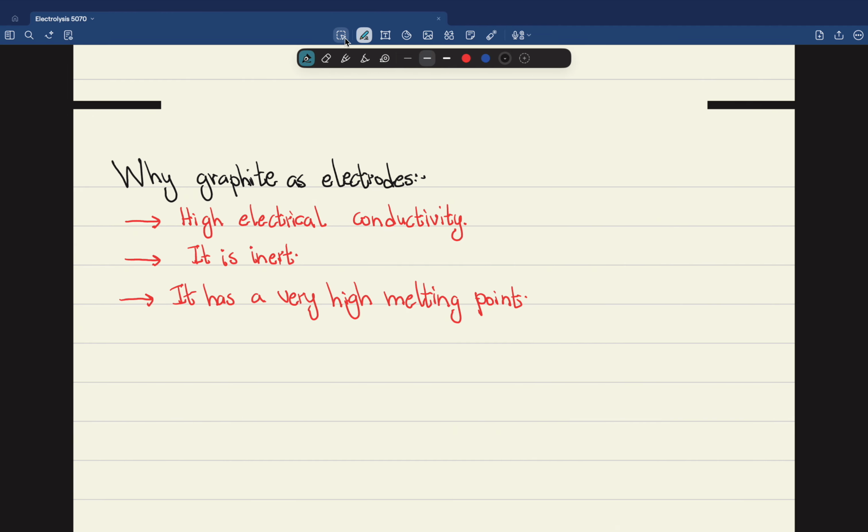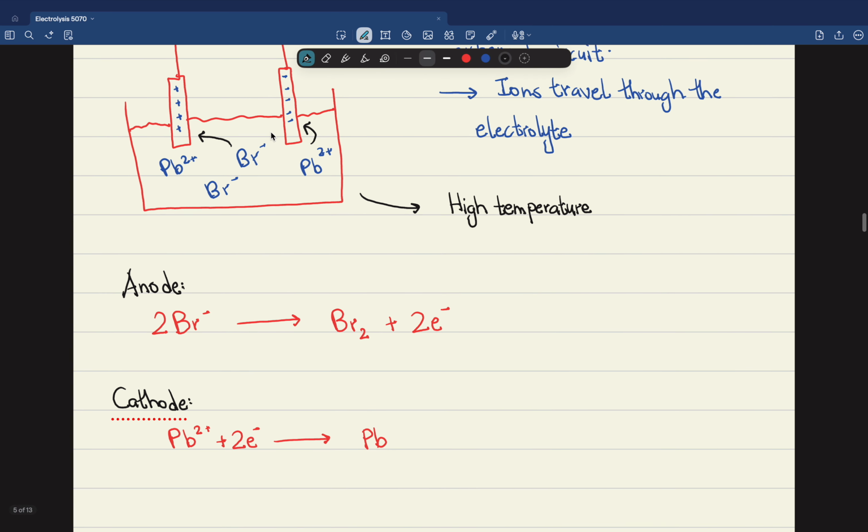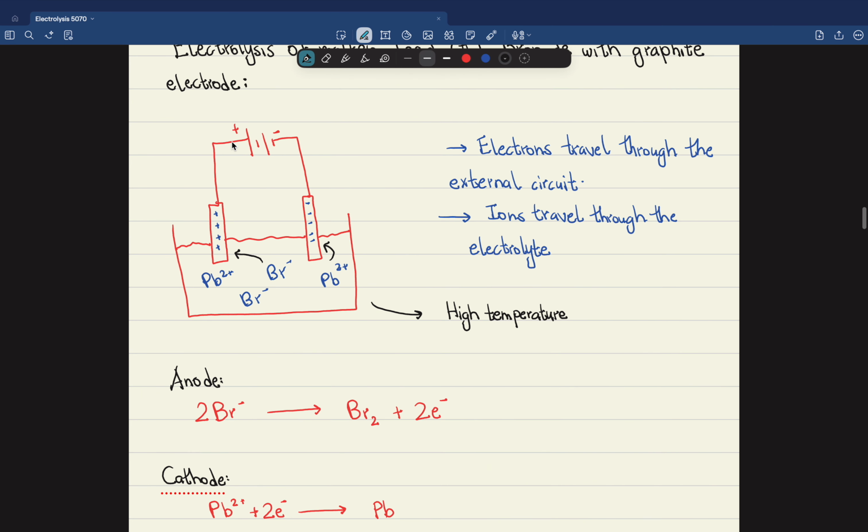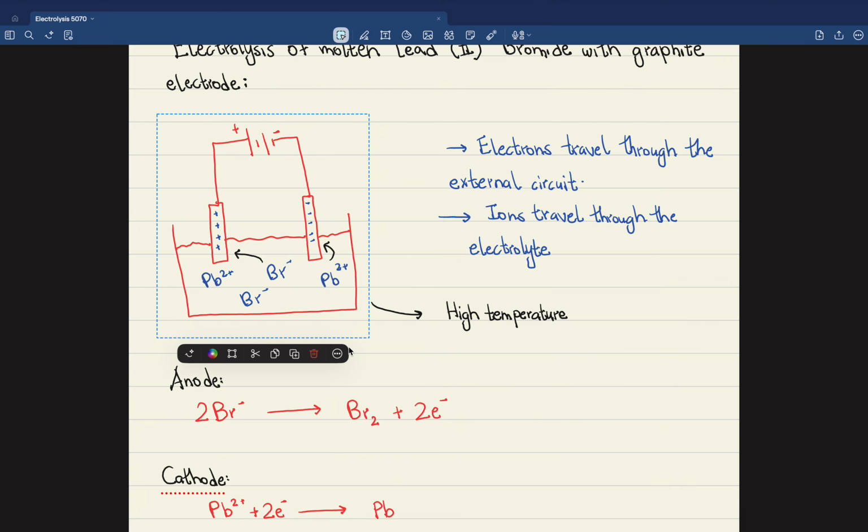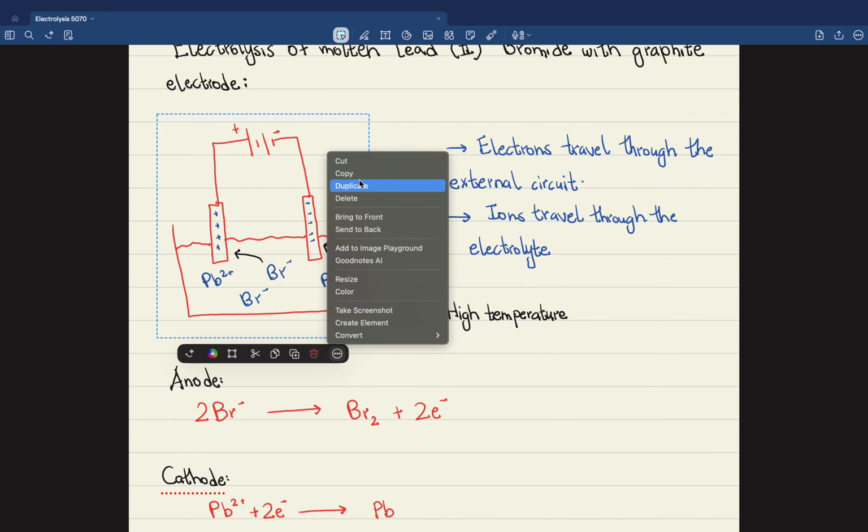Let's talk about another molten compound ka example, and that is something that is really going to help you when it comes to identifying what do we do.